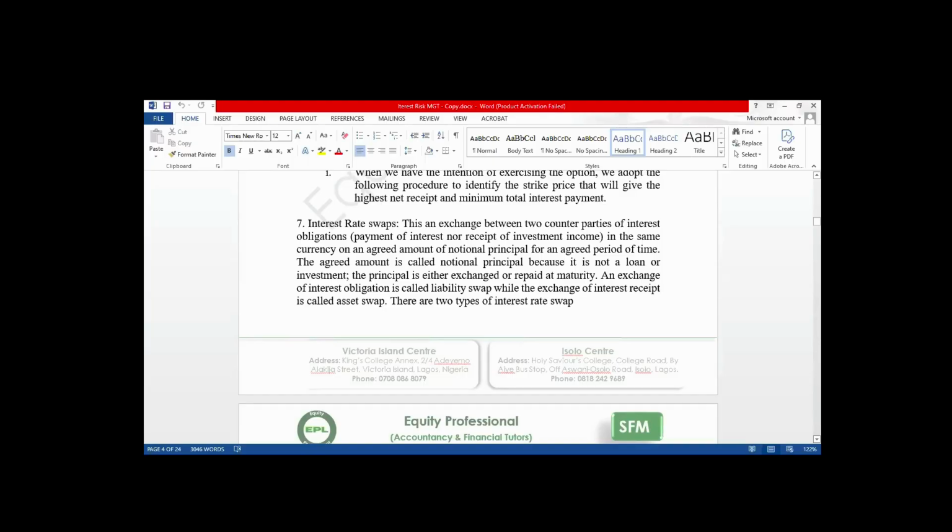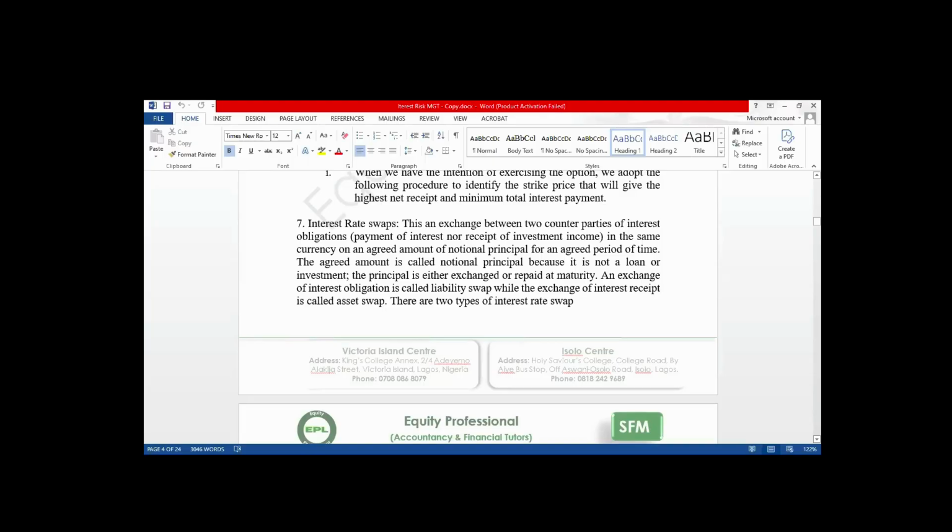Interest rate swap involves swapping the interest rates between parties. Whereby two parties agree to swap interest rates.